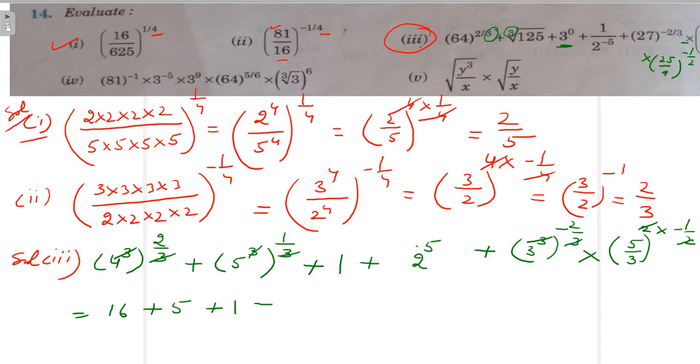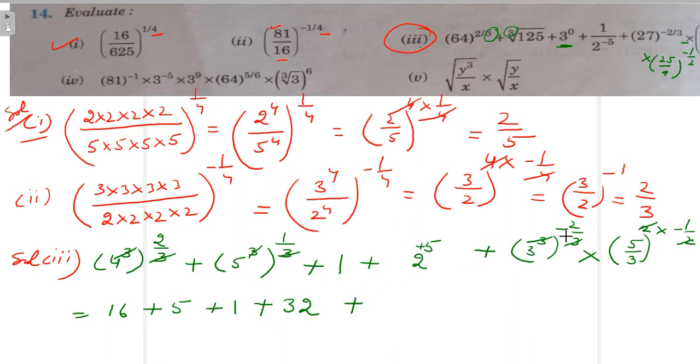So this will become positive, right? So this is 3 raised to power minus 2, raised to power 5. 2 2s are 4, 2 4s are 8, 2 8s are 16, 2 16s are 32. This has become 32, right?